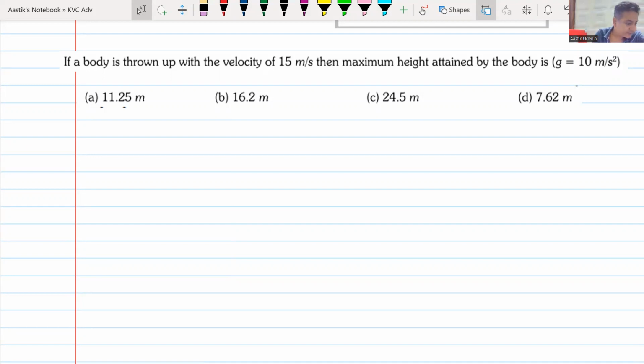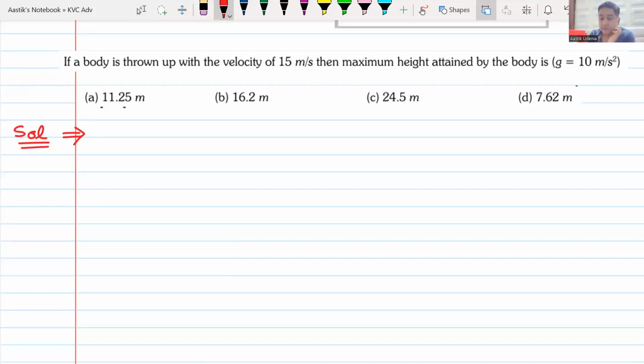Four options are there. No one? No one knows how it will be solved? Option A. How did you get option A? Yes, bacha. Option A is correct. Tell me, how did you get it, Kaushik?